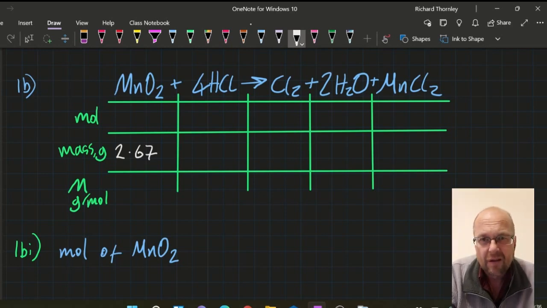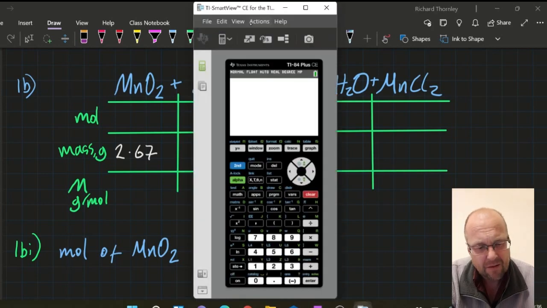I don't know. The dirty little secret is you probably don't need to use your decimal places, and you'll probably get away with it, especially if you're rushed for time. Right, so manganese, let's have a look.